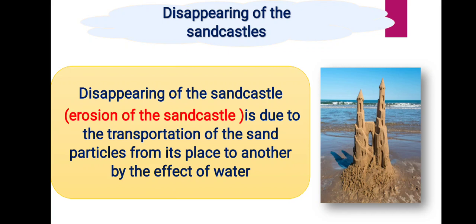The wind and the water are responsible for the erosion. They can move or transport the small particles of the rocks from one place to another place. So natural erosion means the movement of the small pieces of the rocks by the wind or by the water.